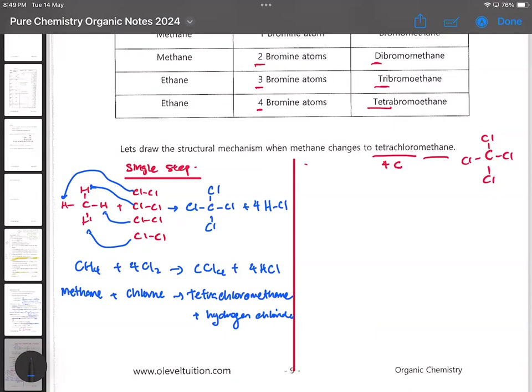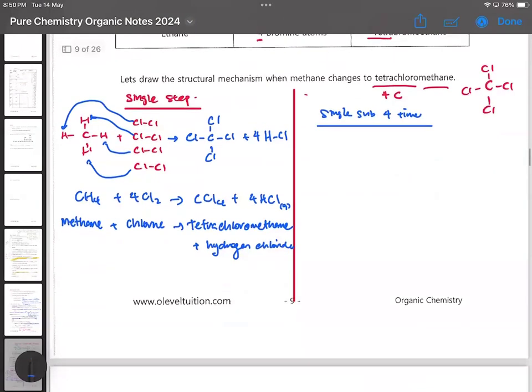Okay, alternatively, we can do a single substitution 4 times. HCl here is a gas, so it's hydrogen chloride.